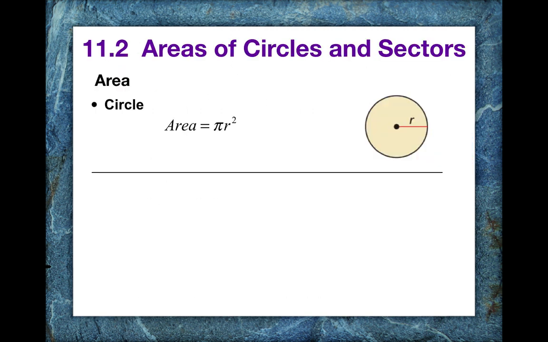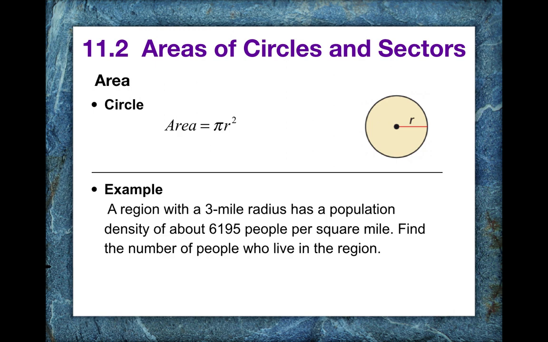The area of a circle is equal to pi times the radius squared. So let's use this example. If we have a region that is 3-mile radius, and it has a population density of about 6,195 people per square mile, find the number of people who live in the region. So the first thing we can find out is the area itself.